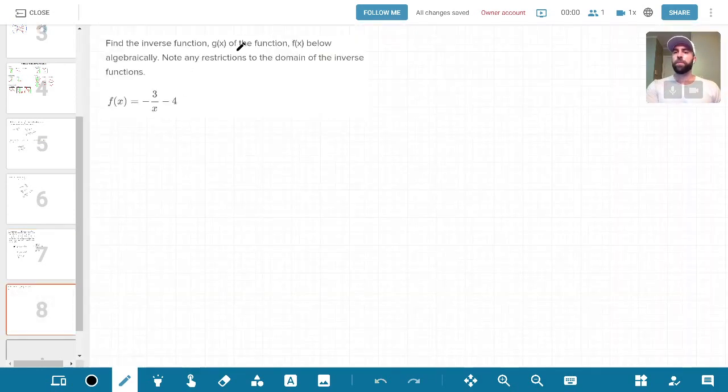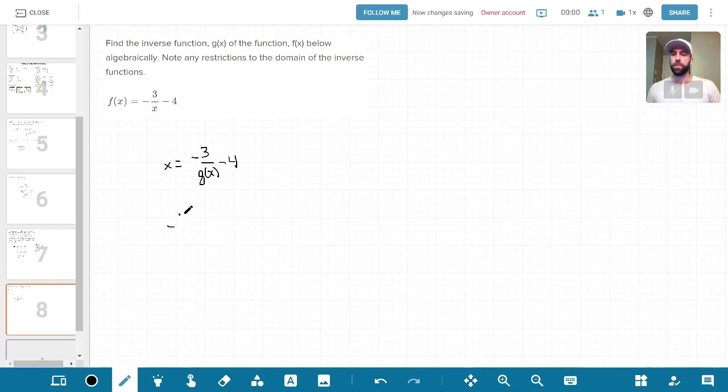Find the inverse function g of x of the function f of x below algebraically. Okay, so we'll swap the values and then represent it as g of x. So we have x equals -3 over, we know that now we're looking for g of x here, -4.